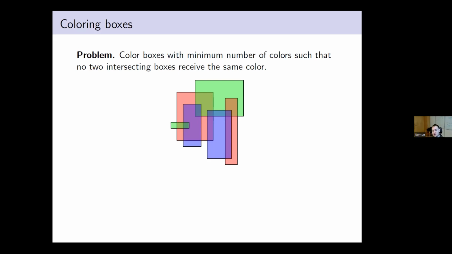Now, of course, this chromatic number can be huge. If all your boxes intersect, which of course can happen, then you need at least as many colors as the number of boxes. So to make this question interesting, we assume that you don't have a large family where any two of the boxes intersect. And now we ask, can you color them with a number of colors such that this number only depends on this maximally intersecting family?